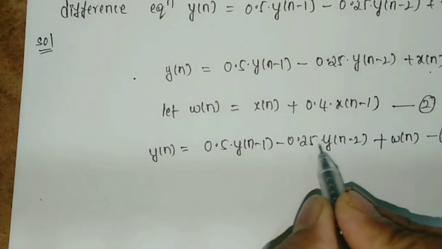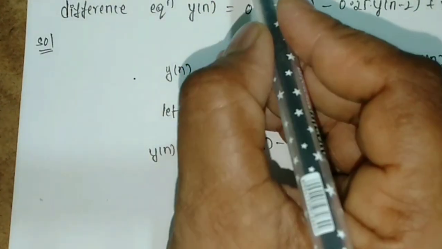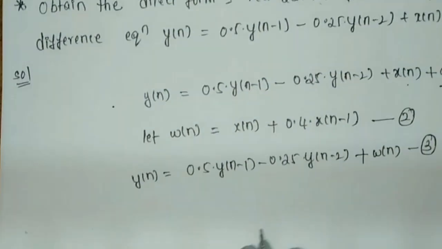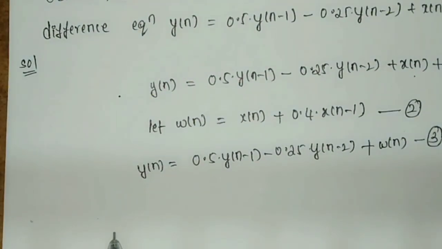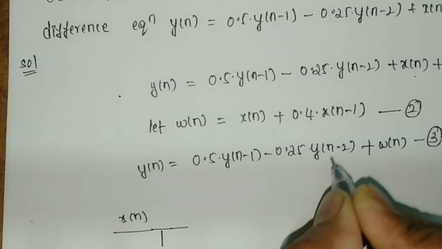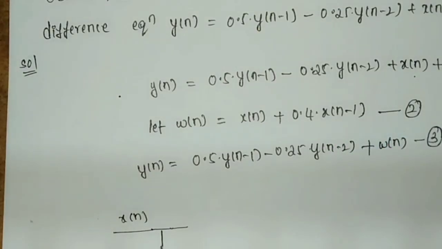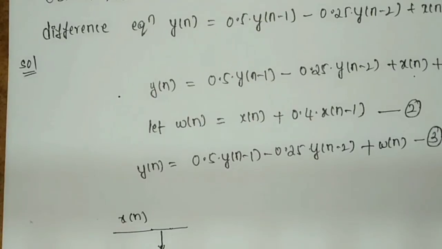See here, this is the input and this is the output. The input is in feed forward mode, so I am taking it here as x of n. How many delay elements are there? One delay element. Here z power minus 1 is the one delay element. So here it is x of n, and this is x of n minus 1 after adding the delay element.